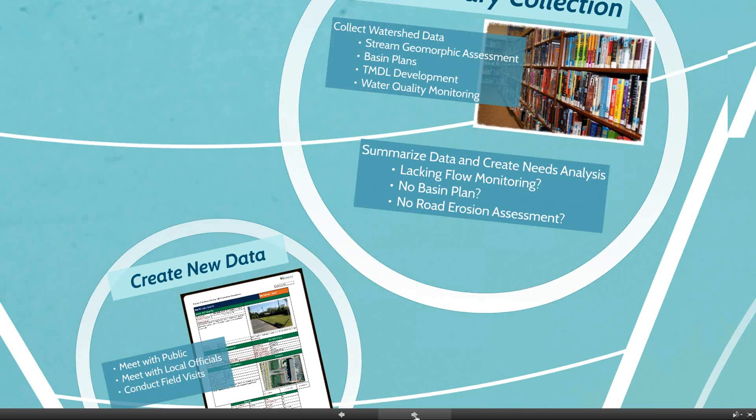After that first initial step, you're really onto the new data creation phase, and I think the most important step you could take is to meet with the local officials and meet with the public, because oftentimes in the smaller communities, the public and the local officials really do have a handle on the challenges in the town, and they've been dealing with these issues day in and day out.